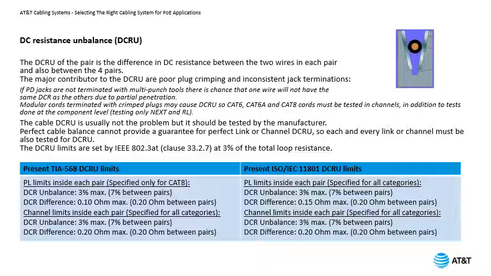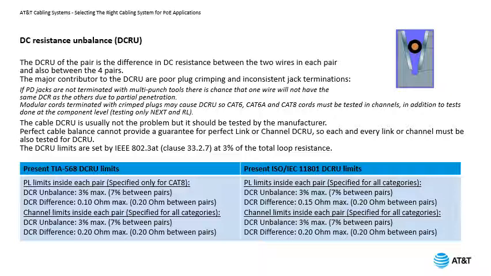If this termination was not properly done, we might have DC resistance imbalance at this point. One of the reasons is not using multi punch down tools. We in AT&T cabling systems provide such a tool in order to unify the termination of the pairs.